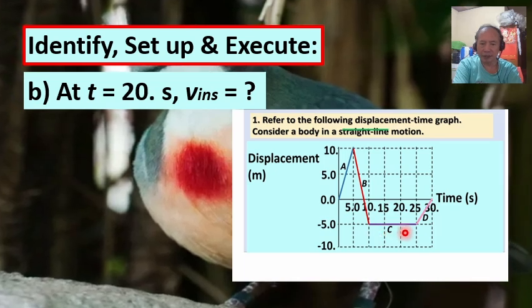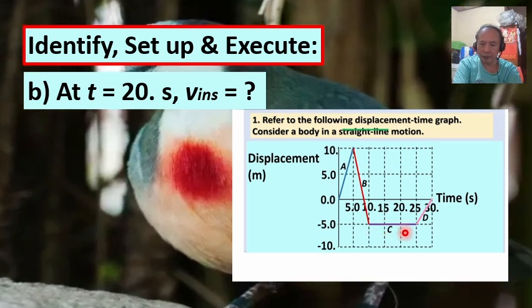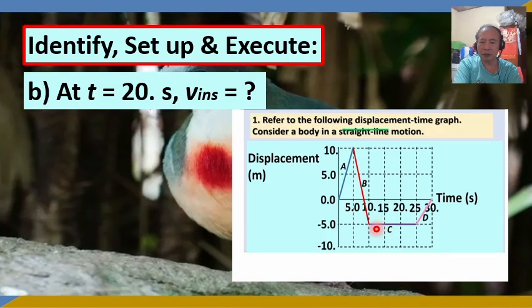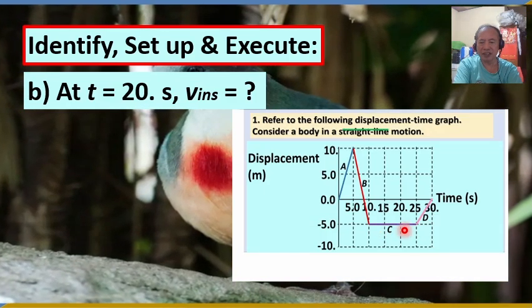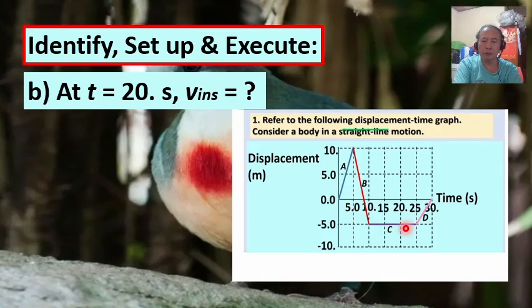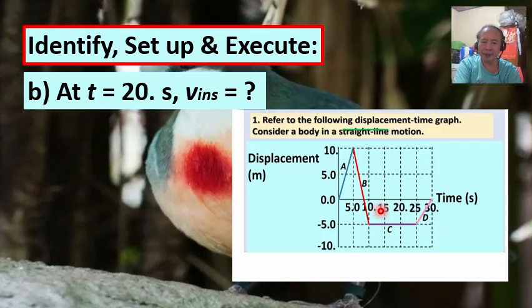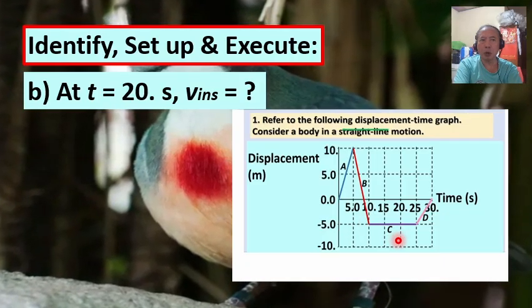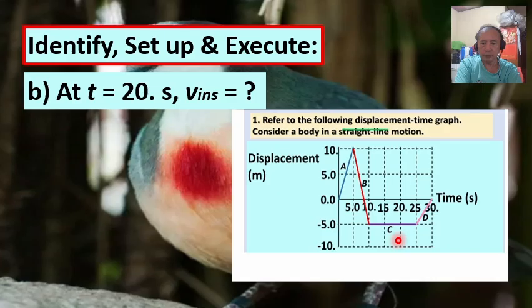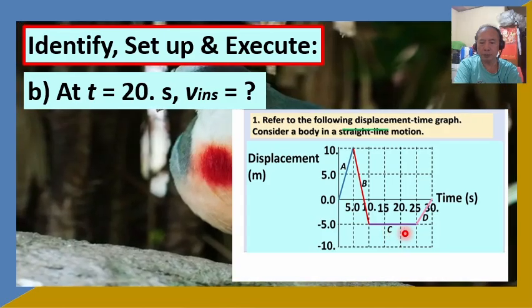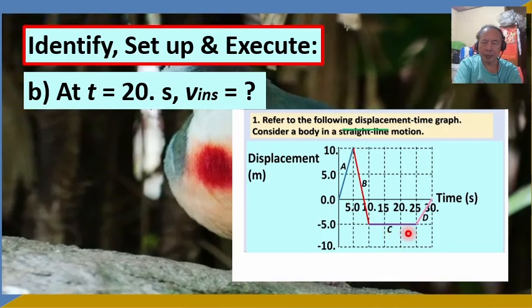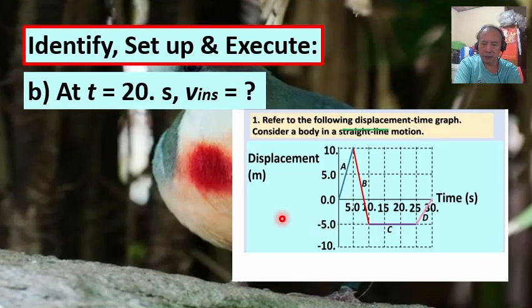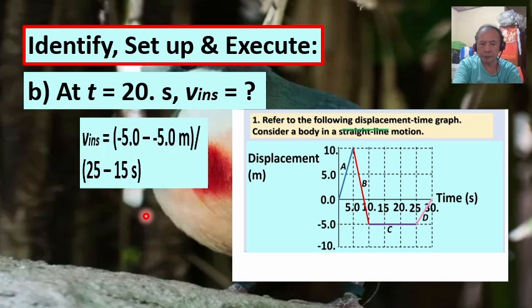And graph line C, as we have described earlier, is straight, but it is horizontal. And we said that the slope of any horizontal graph line in a displacement time graph suggests that its slope, or the average velocity of the body, must be equal to zero, right?